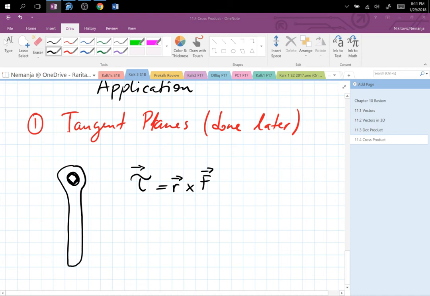If you apply force, linear force over here, you're expecting the torque this way, because you have a fixed point where you are connecting with the screw that you're working on, the bolt, whatever, right?